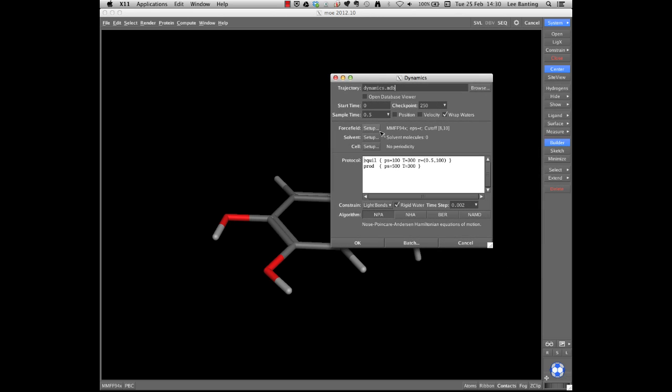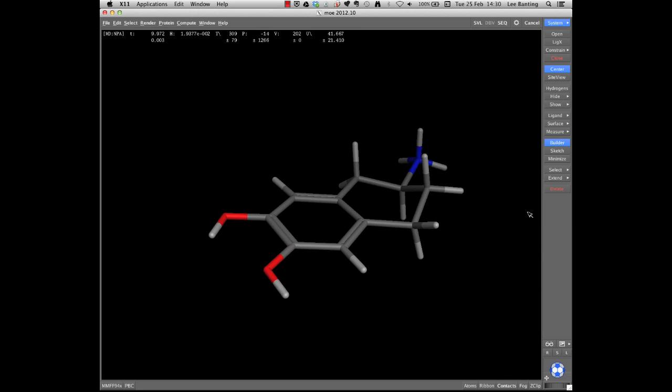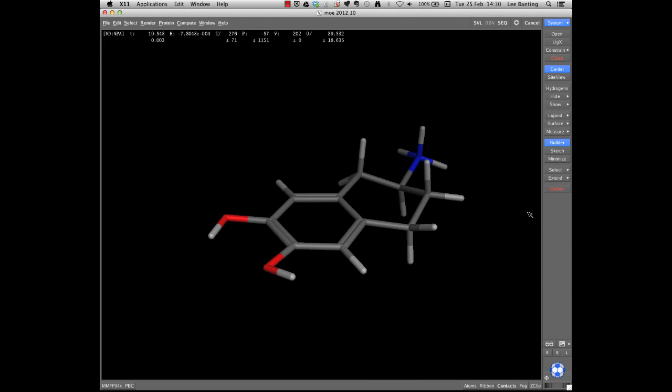It actually looks quite complicated here, but basically the molecule is equilibrated at a certain temperature, and then it runs for 100 picoseconds, warms up to 300, and then at 300 it runs for 500 picoseconds to see what the molecule does. We're going to see how the molecule behaves under thermal motion.